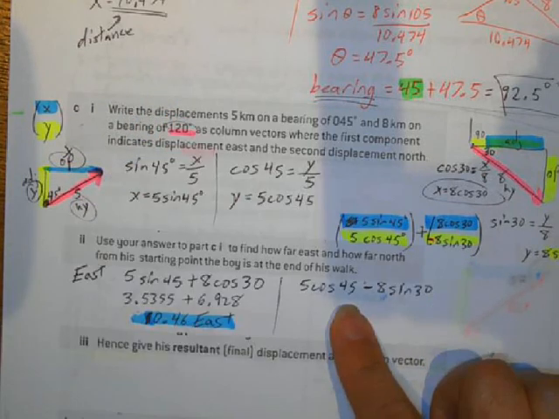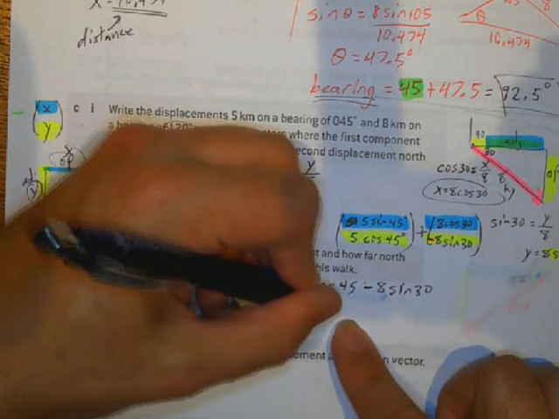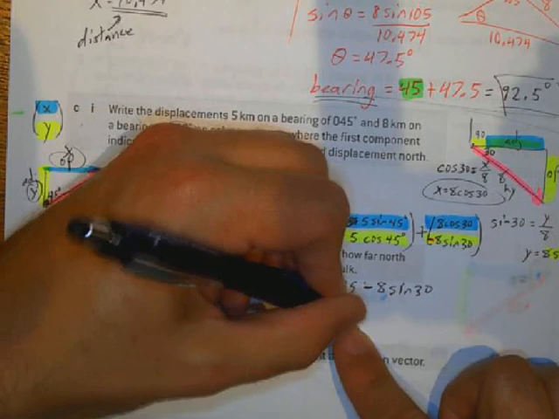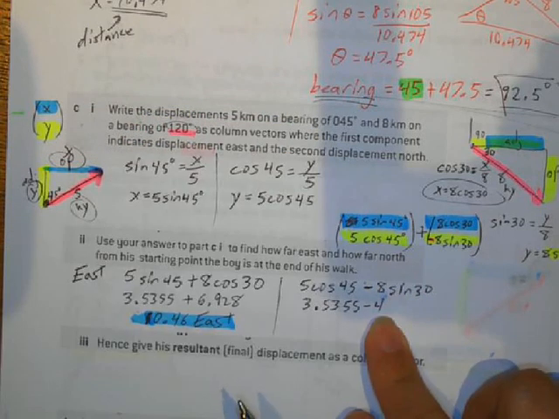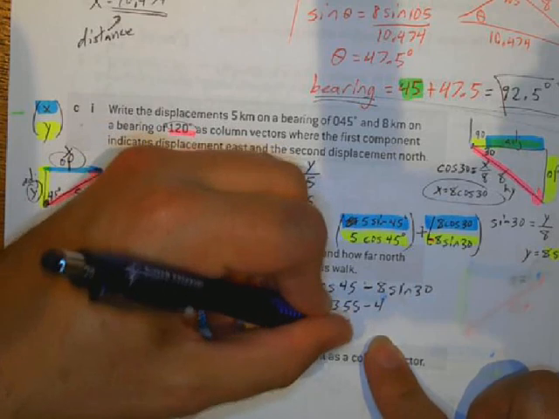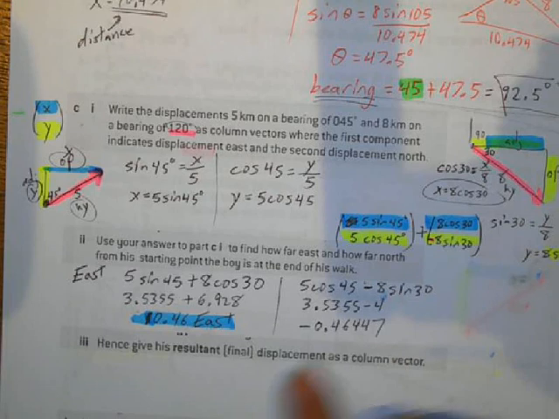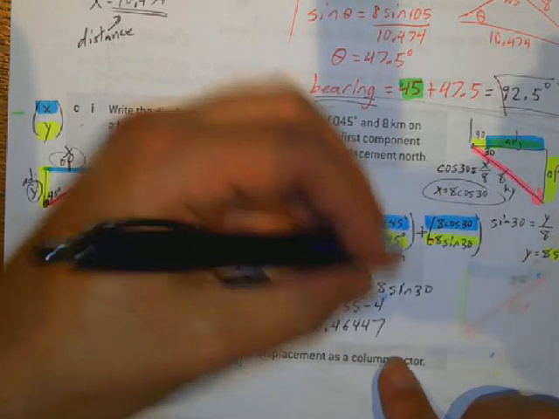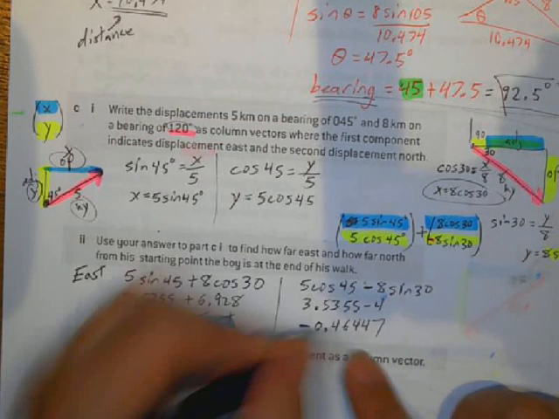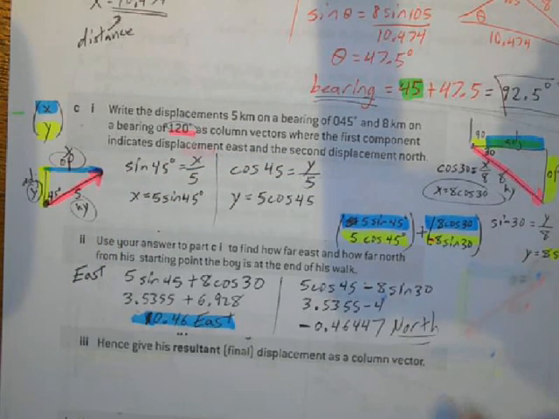So if I plug that into the calculator, I got 3.5355 minus 4, and I get negative 0.46447. Okay, so that is a negative value north. So I'm really going south, but okay.